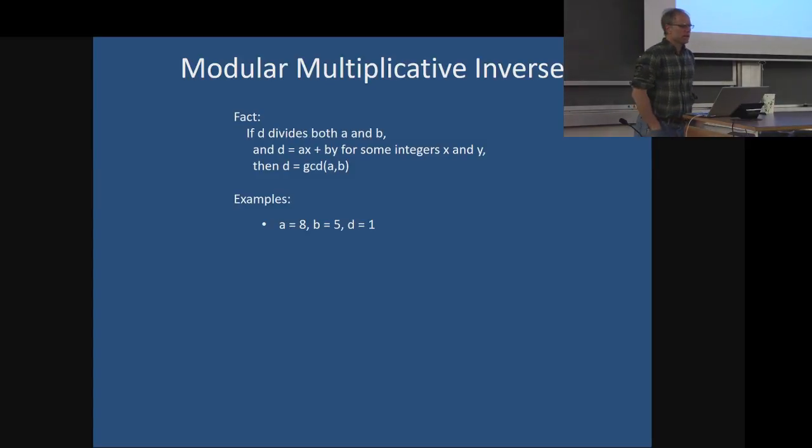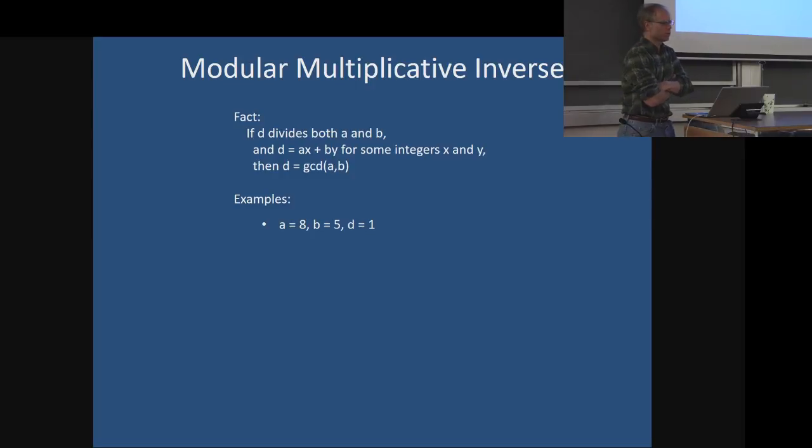Okay, suppose A is 8, B is 5, and D is 1. D clearly divides both A and B. Is D the GCD of A and B? Yeah, it's the GCD. So it's got to be possible to write D as A times X plus B times Y. So how can you do that?